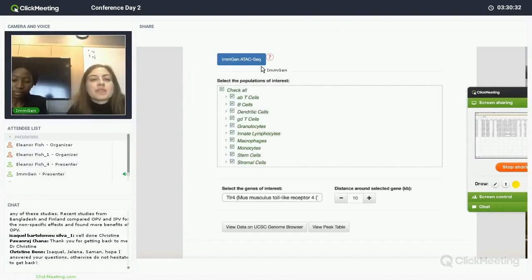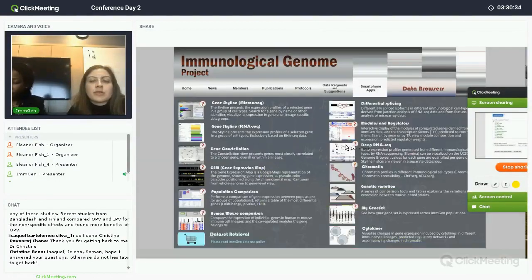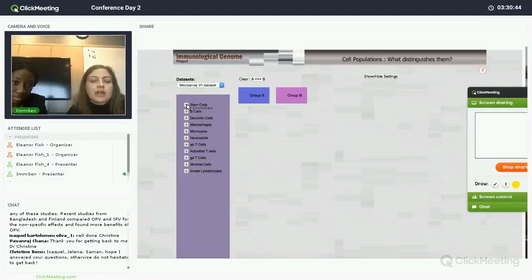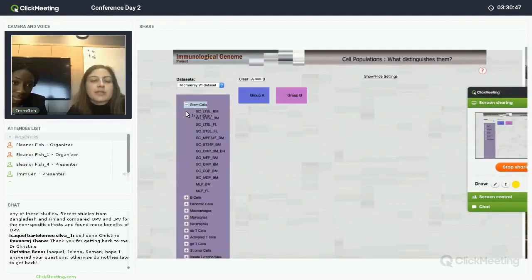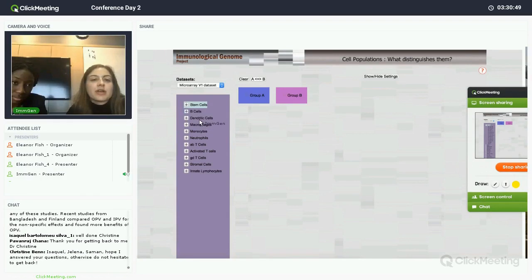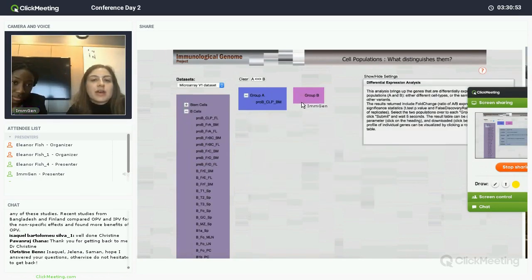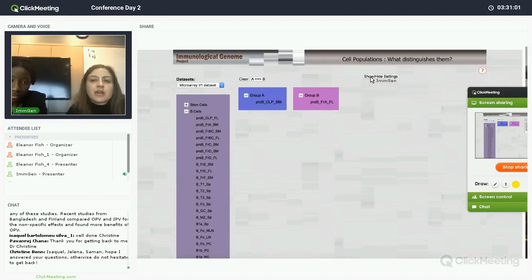So really quickly, I'll just point out two comparison tools that are frequently used on the ImGen website. One being the population comparison tool, which allows you to drag and drop specific cell populations you're interested in and receive the fold change values between the two different populations you selected.